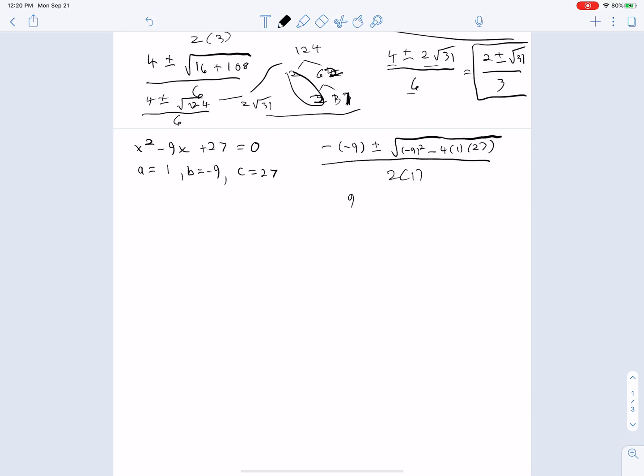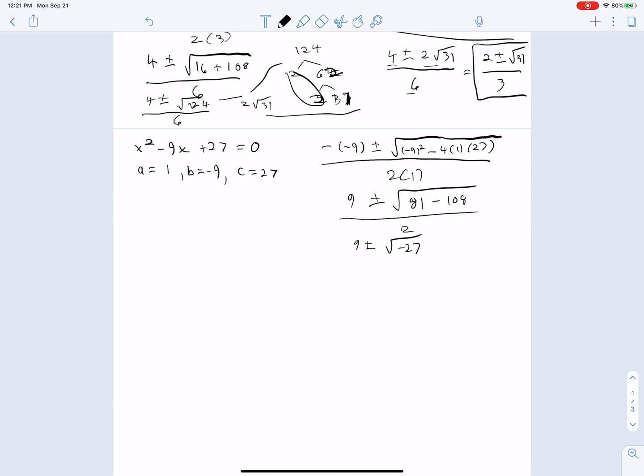So that gives us 9 plus or minus the square root of 81 minus 4 times 1 times 27, that's 108, all divided by 2. So now here we have 9 plus or minus the square root of -27.